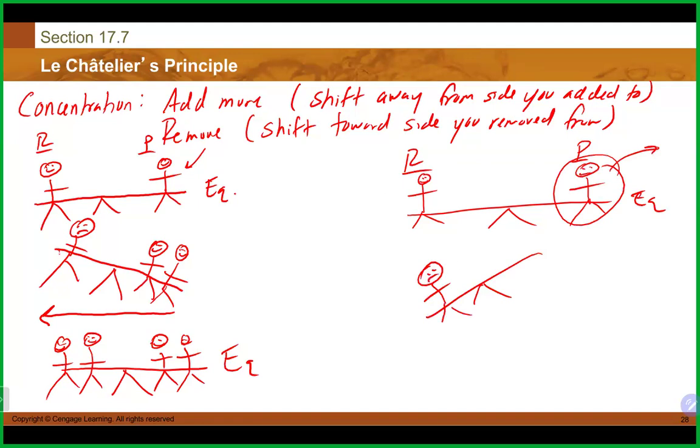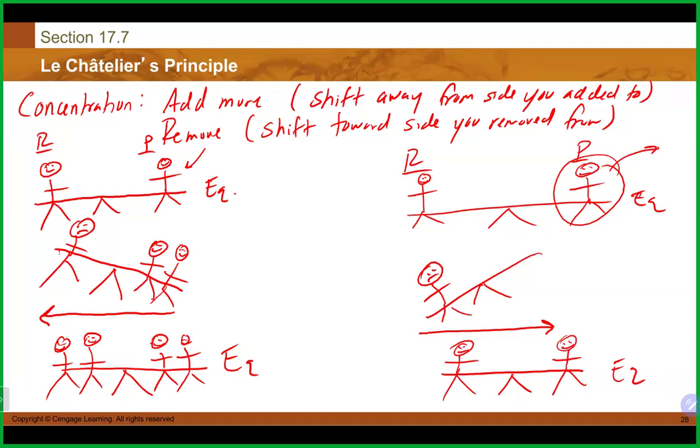In this case, to fix it, we would have to shift towards the side where he jumped off of, and that's going to return us back to equilibrium positioning. So again, it will go towards the side that you removed it from, and it'll go away from the side you added it to.